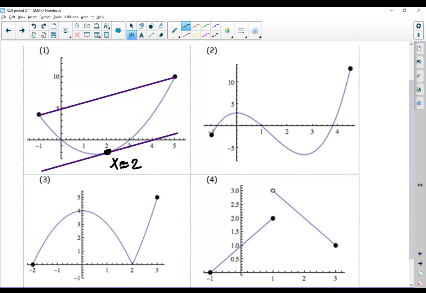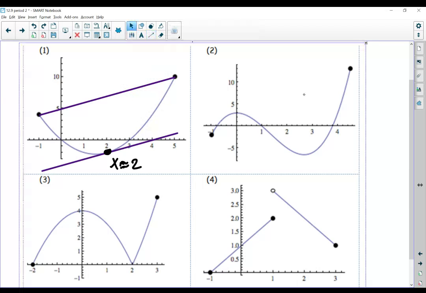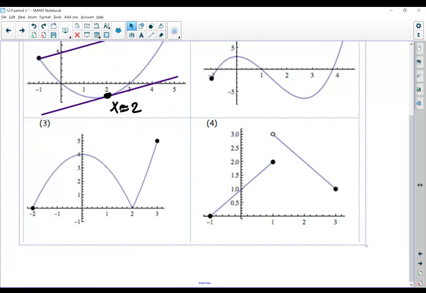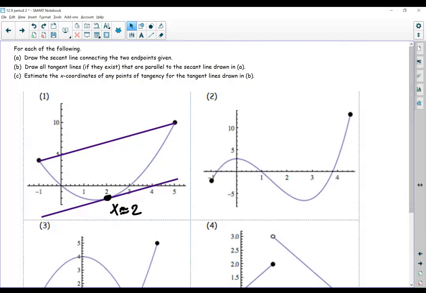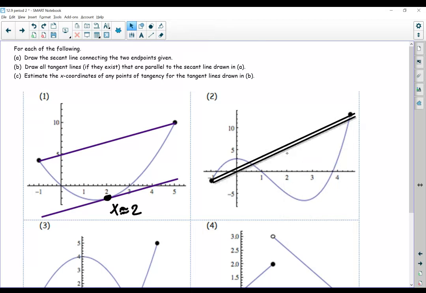Okay, so you should have gone through and done all of the ones on your own. So let's just quickly see what did we come up with. I'm going to undo whatever I just did. Okay, I'm going to draw that secant line, and then I'm going to clone it, and I'm going to find parallel tangents.